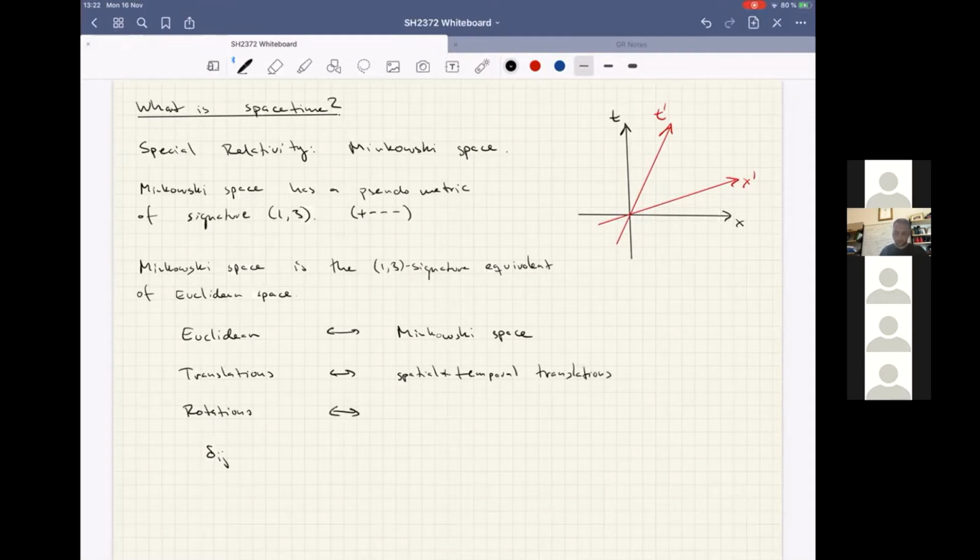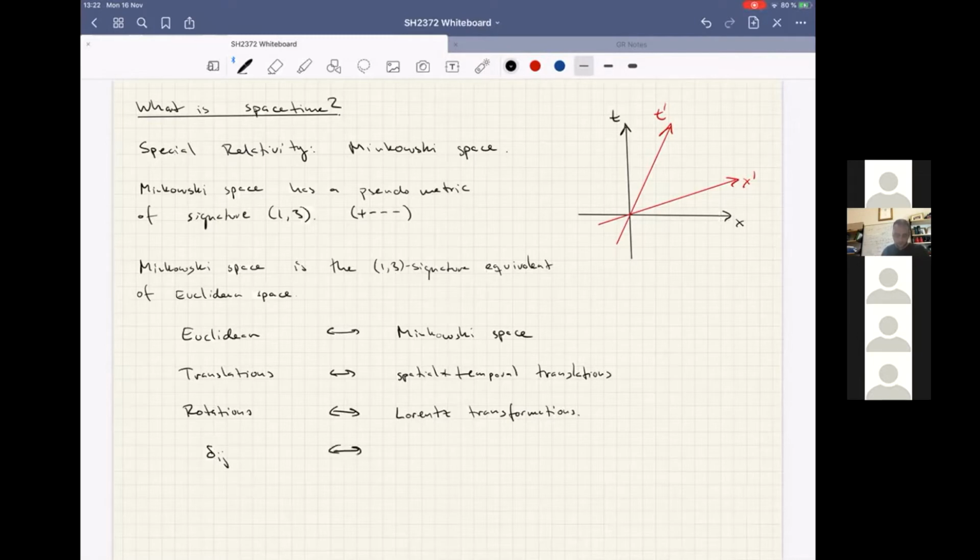The rotations in general turn out to be what we call Lorentz transformations. So even a purely spatial rotation in Minkowski space is a type of Lorentz transformation because it preserves the Minkowski metric.